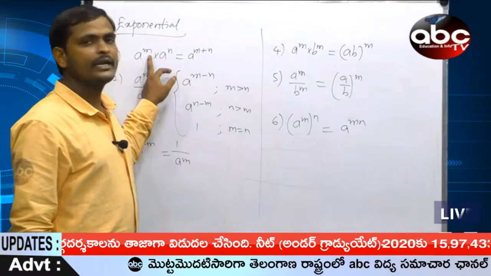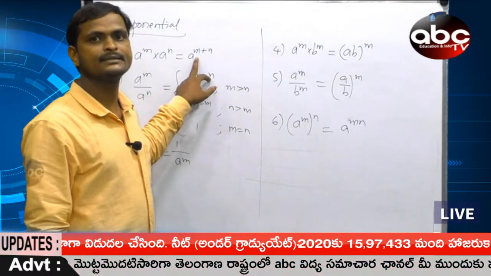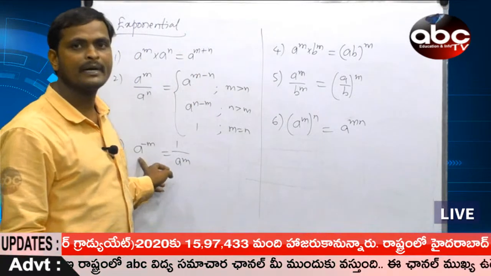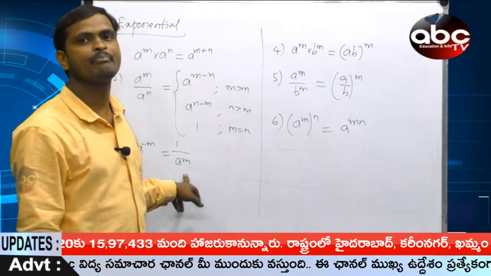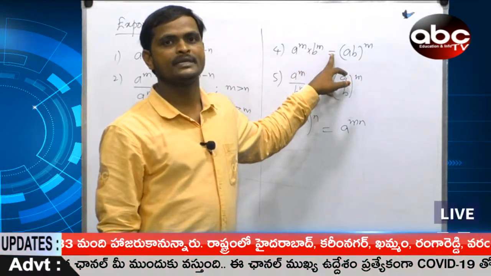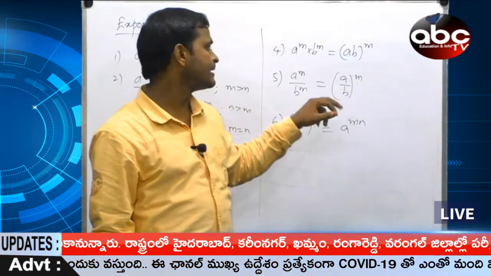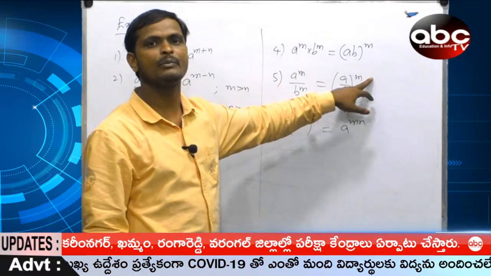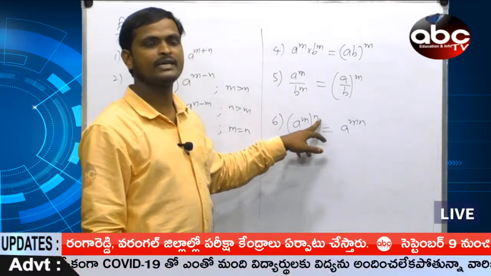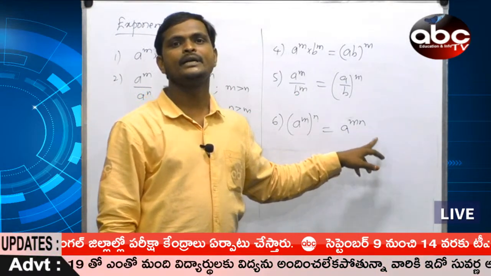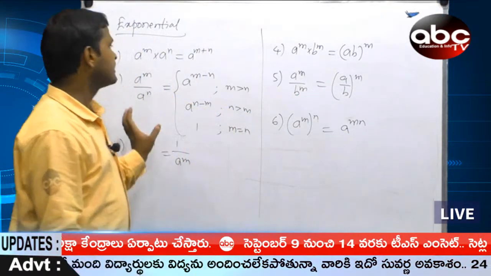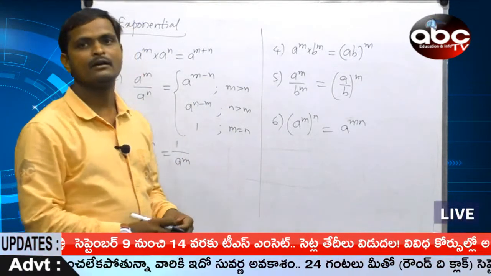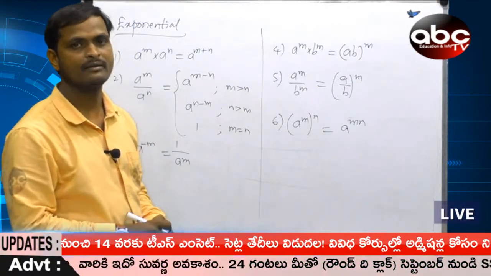First one, a power m into a power n, a power m plus n; a power m by a power n, a power m minus n; a power minus m, that is 1 by a power m; a power m b power m is equal to (ab) whole power m; a power m divided by b power m, that is (a by b) whole power m; (a power m) whole power n, that is equal to a power mn. These are the laws of exponentials. Is it clear, students? These are the basic formulas of laws of exponentials.